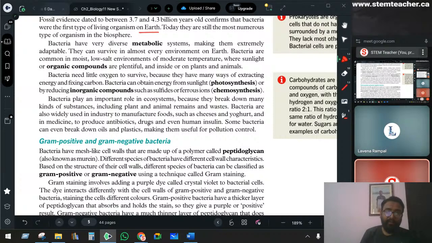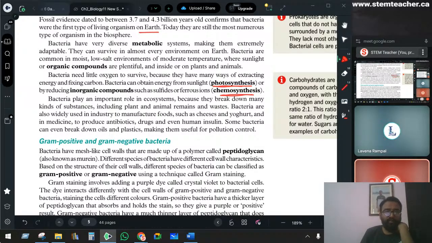Bacteria can obtain energy from sunlight, which is photosynthesis, or by reducing inorganic compounds such as sulfides or ferrous ions, which is chemosynthesis. What is photosynthesis? It is developing food from solar power, from the sunlight.